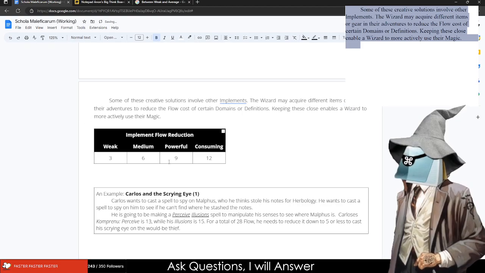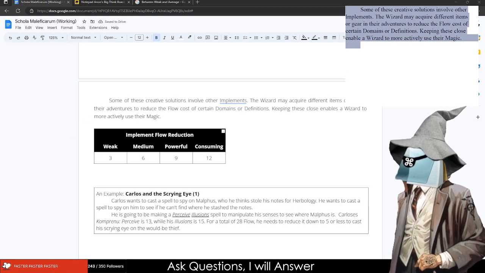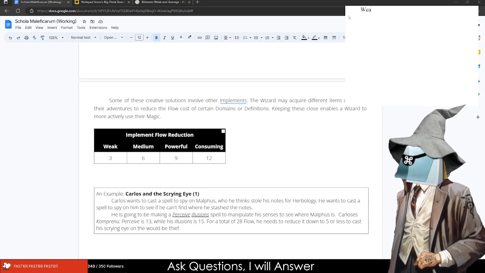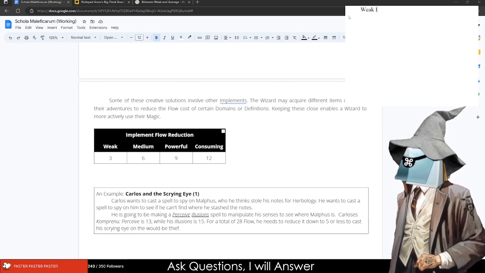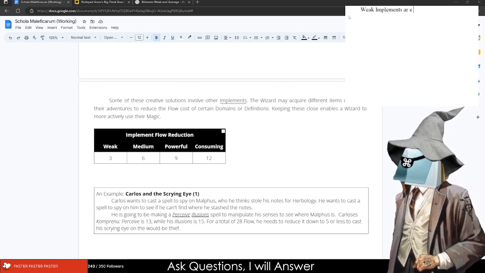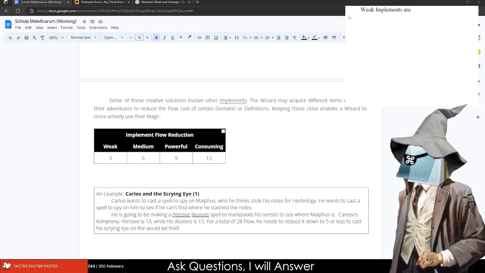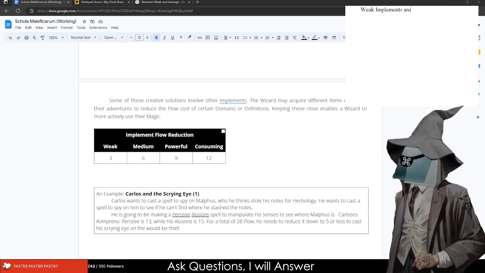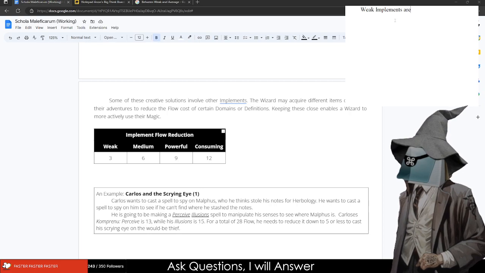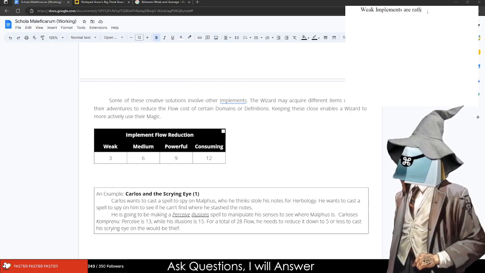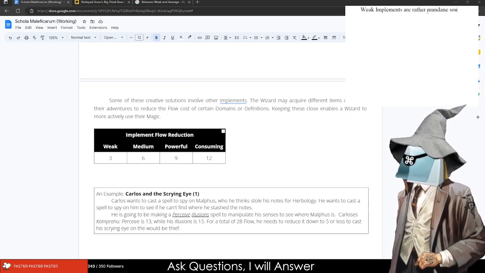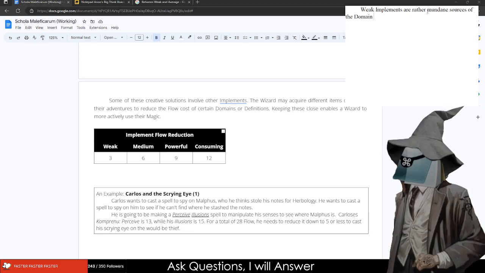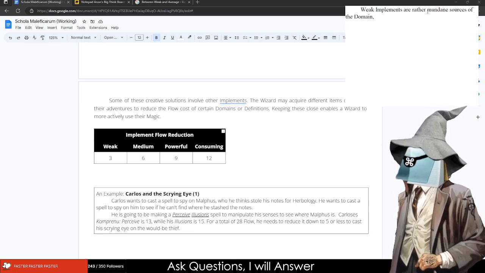Actually, I can do that. Weak implements are rather mundane sources of the domain.